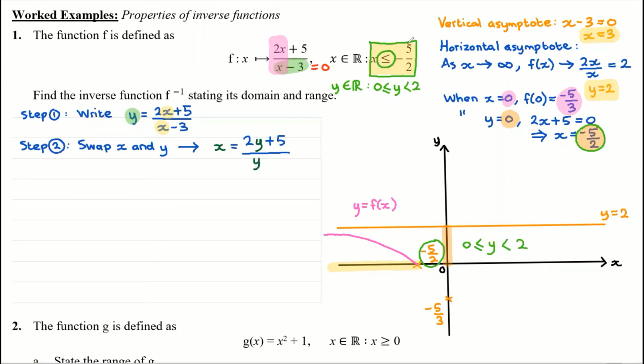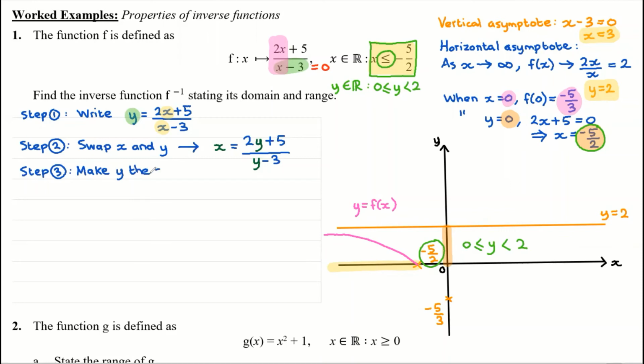This is why it's symmetrical in the line y equals x, because of the swapping of the variables. The domains and ranges are going to swap over now. And the third step, which we're going to do now, which is the longest step. Step 3, we are going to make y the subject, now that we've swapped the variables.